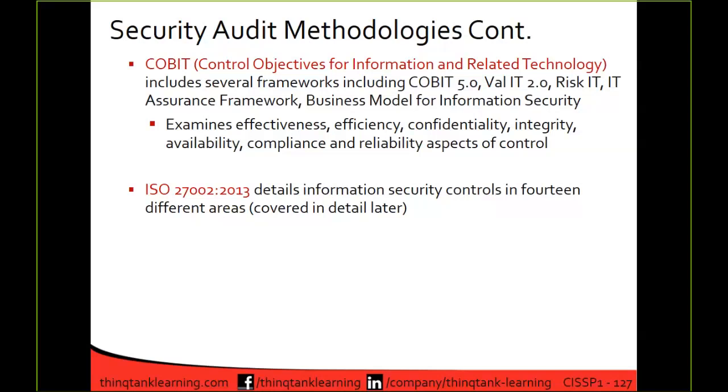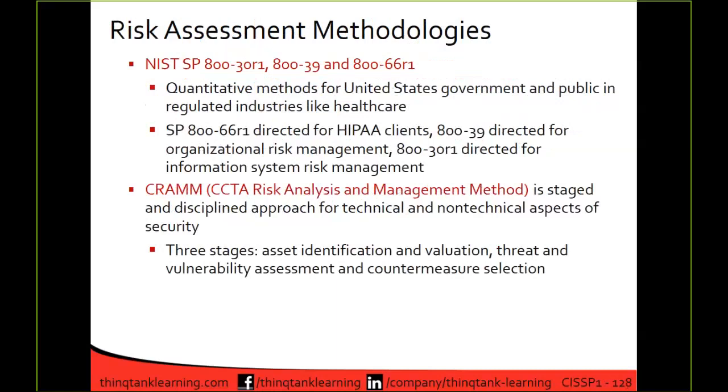ISO 27002, we'll see more about that in detail, with its 14 different areas of definition, I guess. NIST publications 800-30 Rev 1, 800-39, 800-66 Rev 1. Quantitative methods.